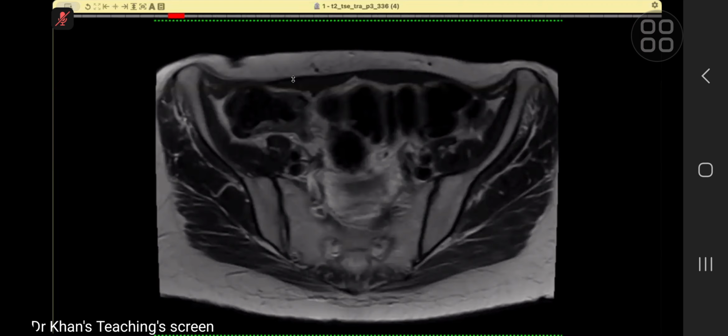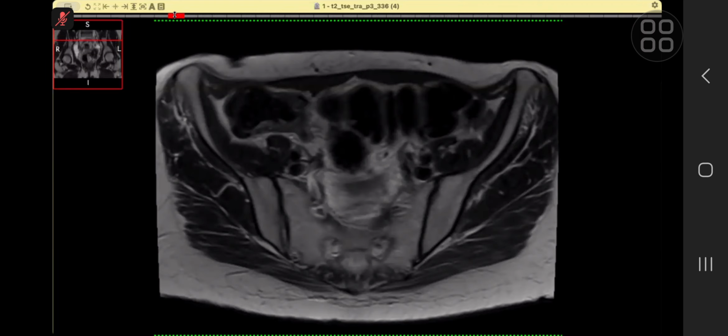Over to you. I'll just take a moment to scroll through the images.